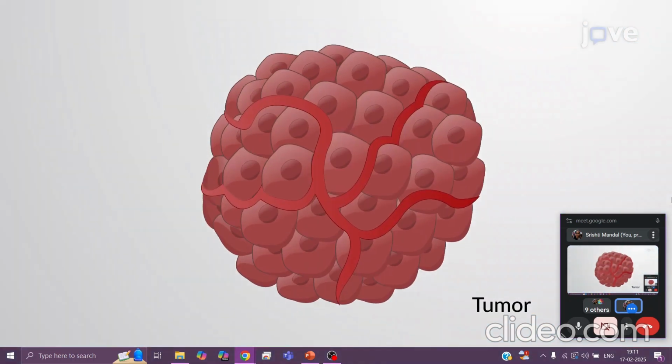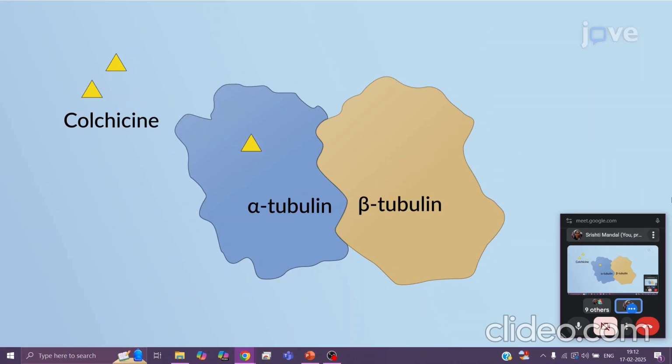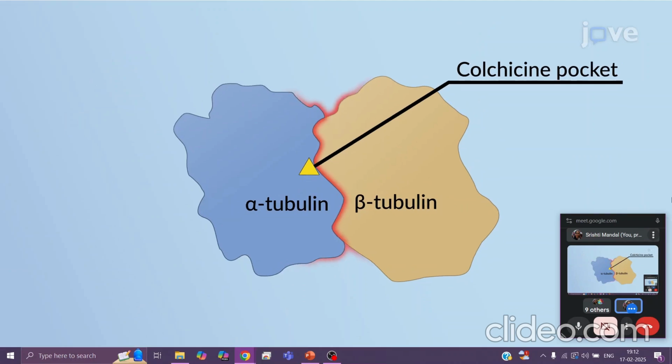Therefore, it is used to treat tumors. Disassembly of microtubules by colchicine prevents new blood vessel formation and destroys existing tumor blood vessels. Colchicine acts by binding to the colchicine pockets present at the interface of free alpha and beta tubulin subunits.